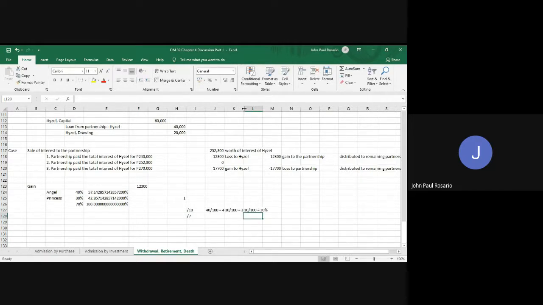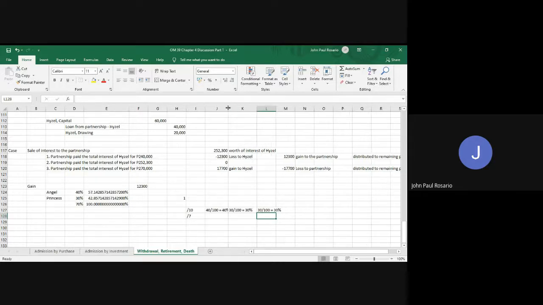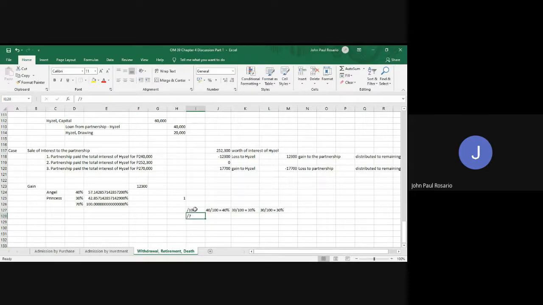So, sa una is ingani ilahang case. Pero, paghawa ni Hazel, this is zero na yung share. So, ang i-add mo is 40 o si 30 na lang.